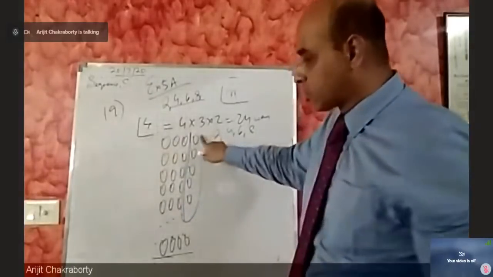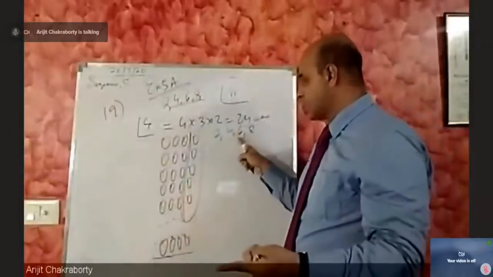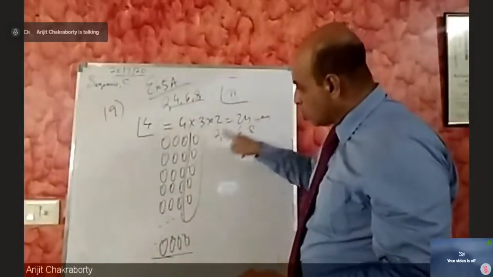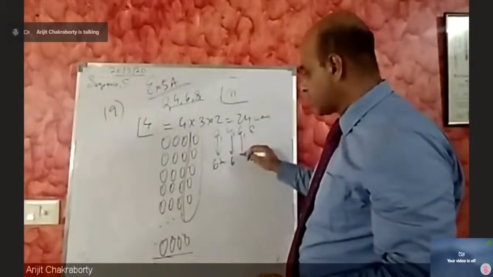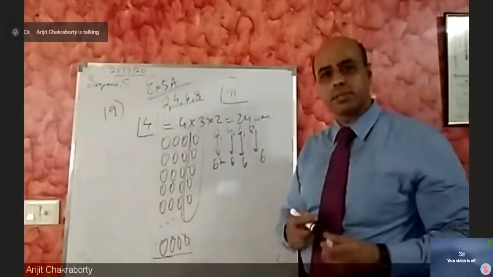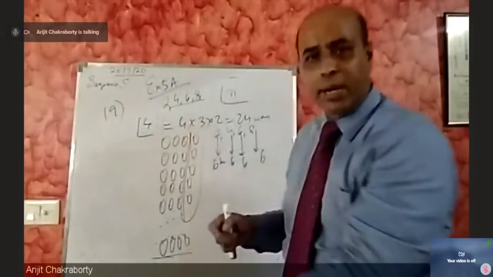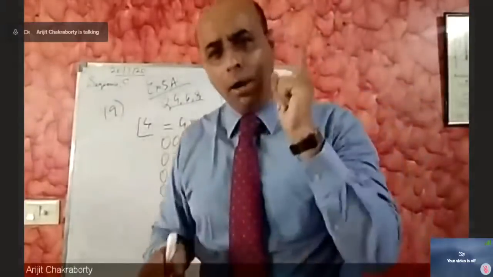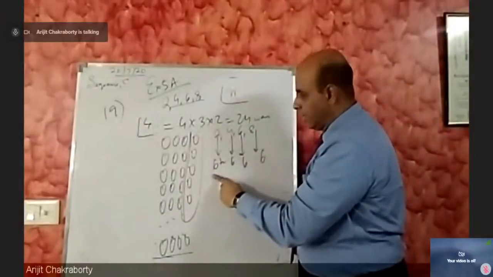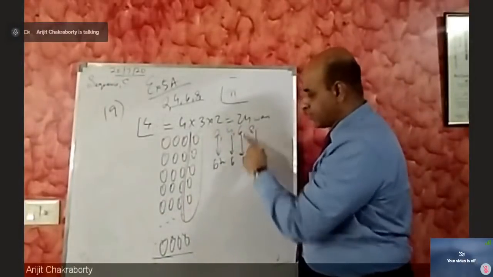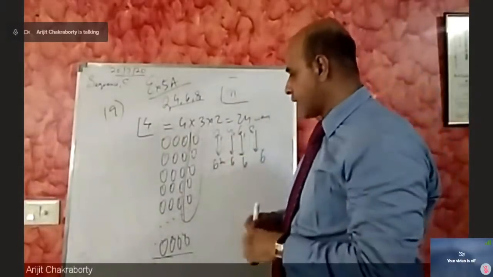So this column will comprise of digits 2, 4, 6 and 8. Out of the 24 digits, 2 will come 6 times, 4 will come 6 times, 6 will come 6 times and 8 will come 6 times. So if 2 comes 6 times, you get 12.